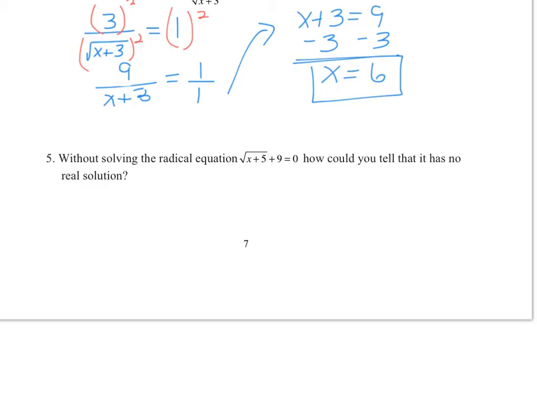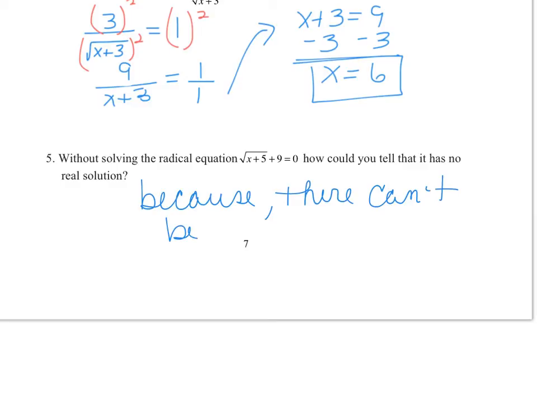And there's no way that I can take the square root and get a negative answer because the radical sign is already drawn for me. So I can tell right now there's no solution to this equation because there can't be a negative answer for the radical.